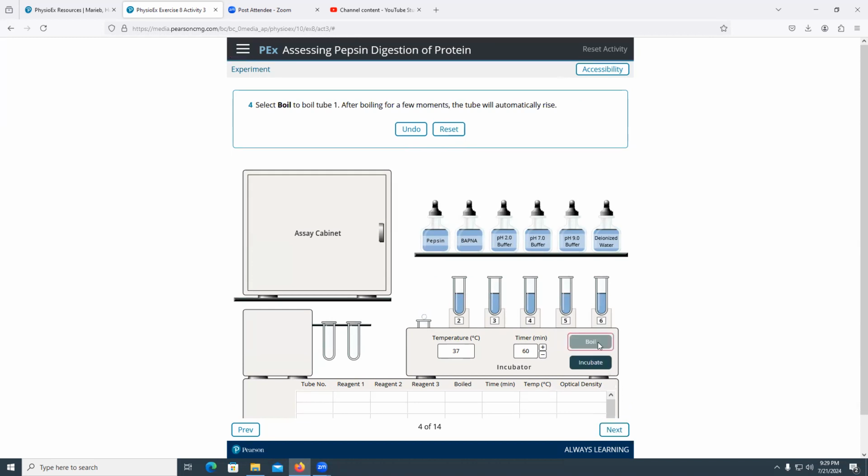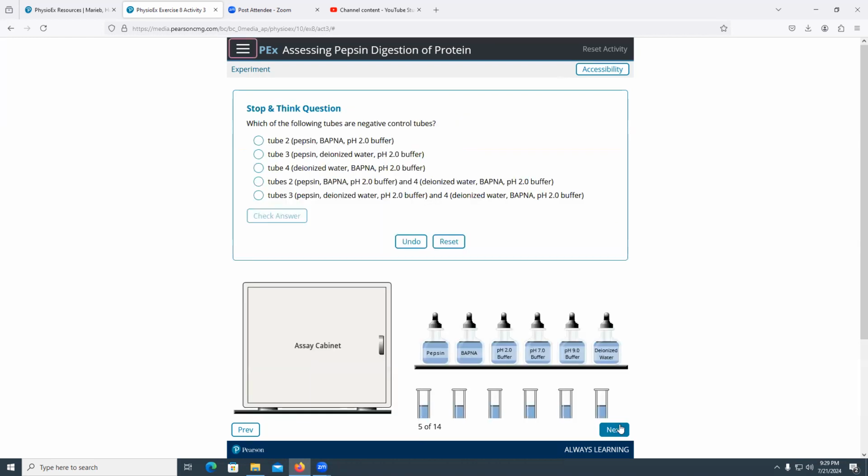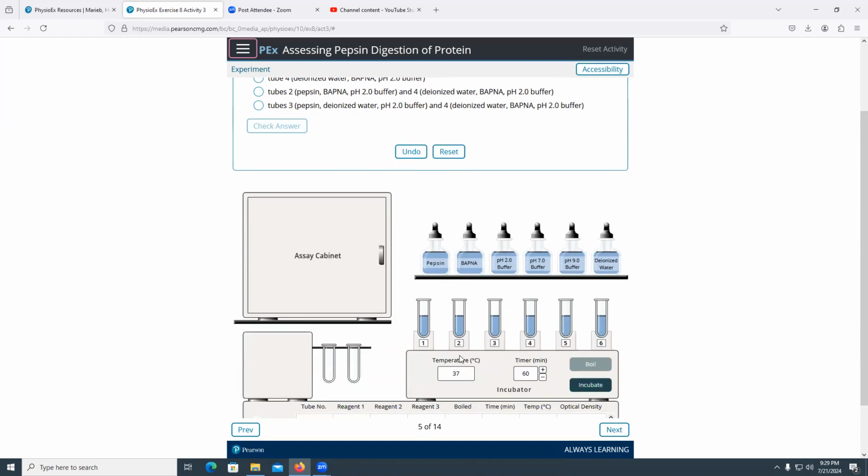We boiled. So we're going to boil all of them. Then we incubate them. Okay, I think that'll do it.